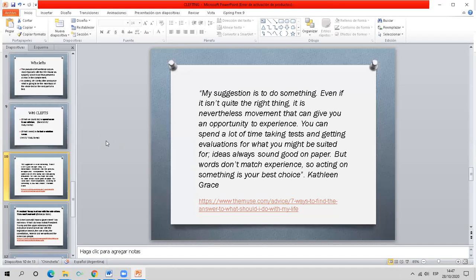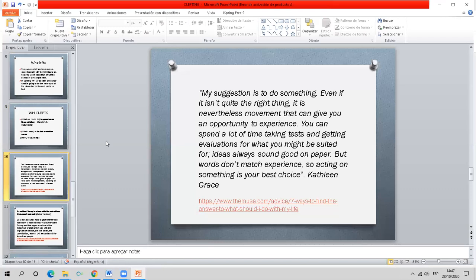My suggestion is to do something. Even if it isn't quite the right thing, it is nevertheless movement that can give you an opportunity to experience. You can spend a lot of time taking tests and getting evaluations for what you might be suited for. Ideas always sound good on paper, but words don't match experience. So acting on something is your best choice.